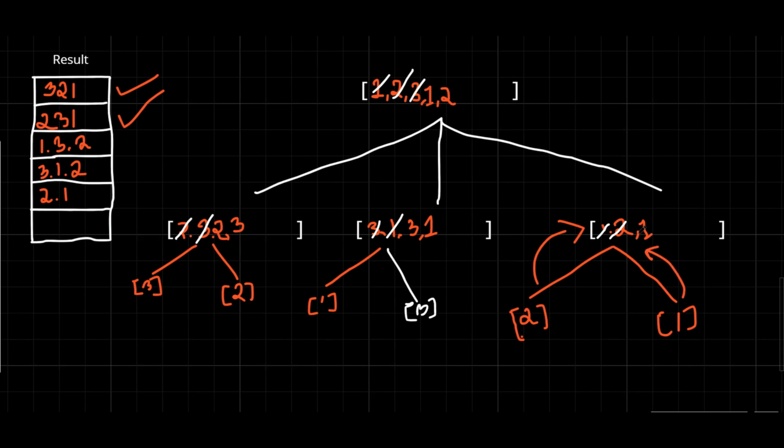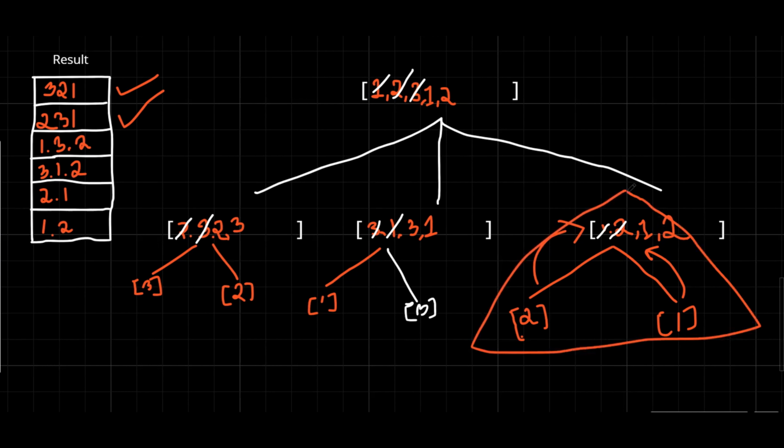And as we ignore 2, we have to append 2 at the last of the vector. So now our vector will contain the value 1 and 2. And as we explore all of the subtree in this position, we have to return from here as well to the root. And as for the root, we have ignored the value 3.